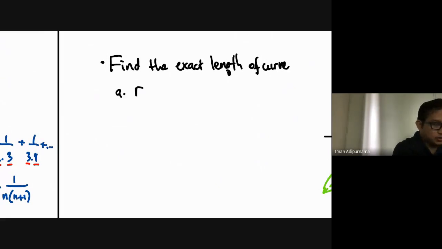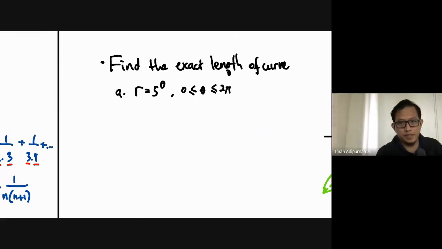Let's say A, r equals 5 to the power of theta, with theta from 0. I think for the arc length, it's much more direct. You just need to remember what the arc length formula is and just input the numbers.